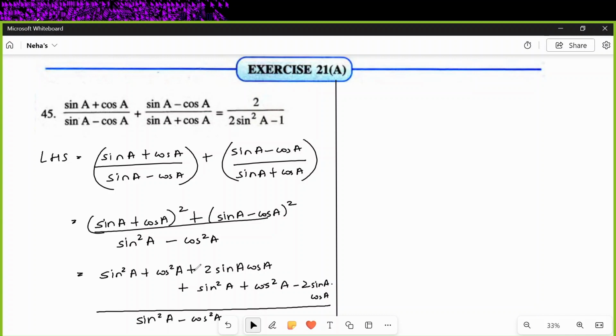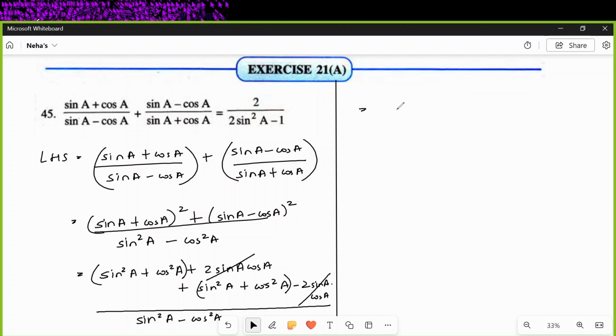This is by the formula that a plus b whole square is equal to a square plus b square plus 2ab, and a minus b whole square is a square plus b square minus 2ab. Now plus 2 sin a cos a and minus 2 sin a cos a will get cancelled out here, and this will become 2 because sin square a plus cos square a is equal to 1 and this sin square a plus cos square a is equal to 1.